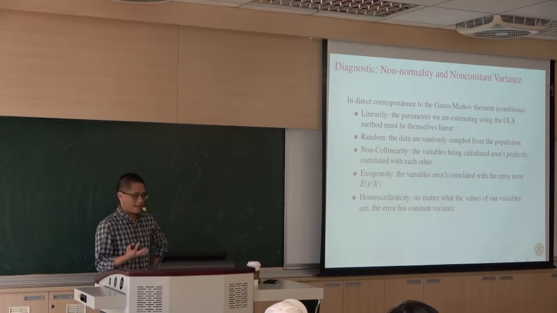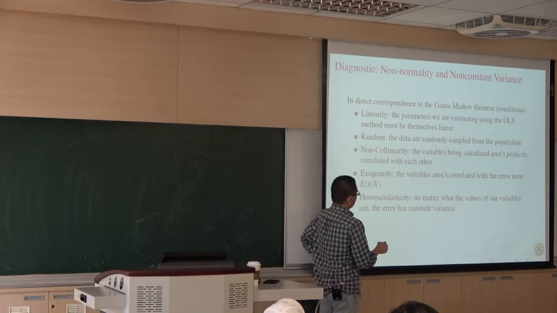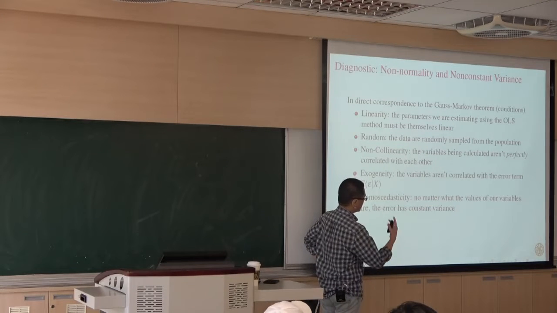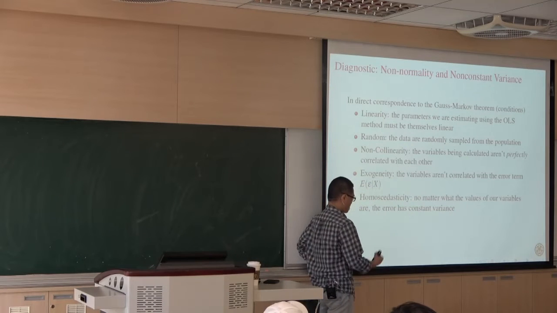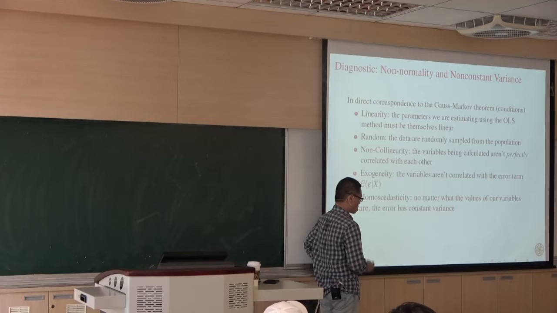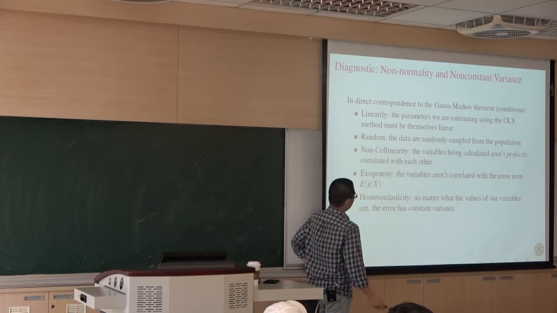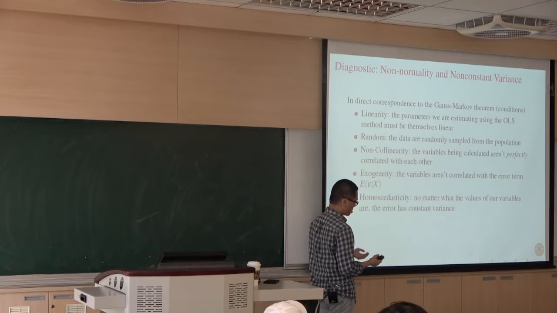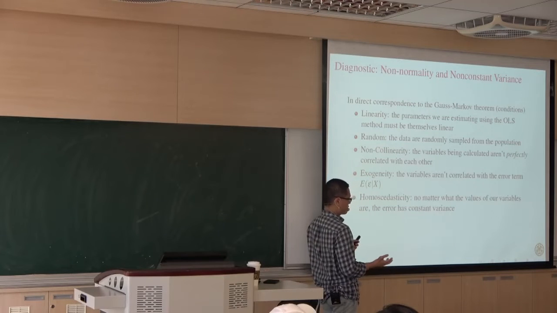And then no collinearity. Actually, two of you have emailed me this question. Since you covered the variance-covariance measure in the first and second lecture, we're actually going to talk about it in probably 30 minutes from now. You said it seems like, but also I remember in the lecture it says every variable is correlated with other variables to some extent.